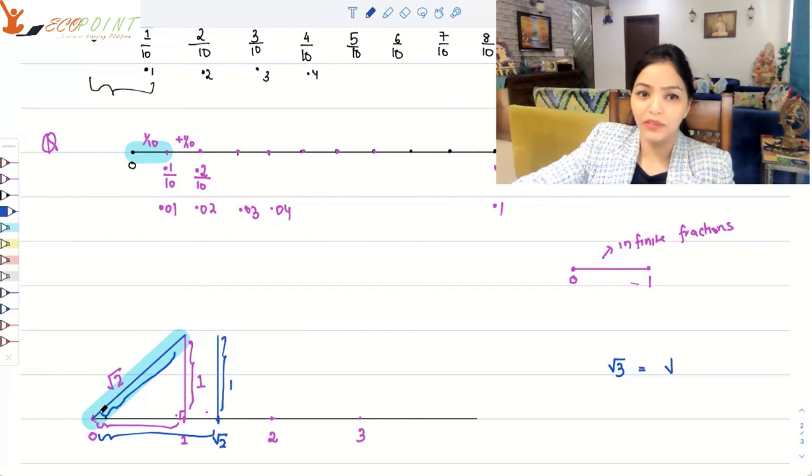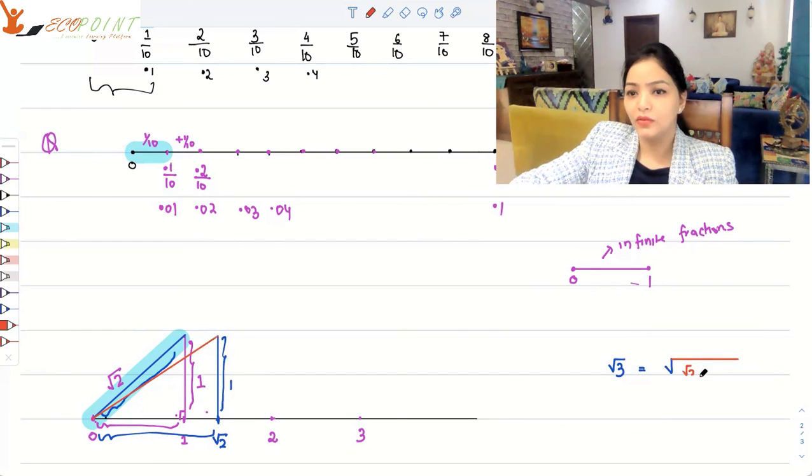It doesn't need to be an isosceles triangle every time. For 1 it was, but it's a right angle triangle for which I can find out the hypotenuse. So I can clearly see that it's √2 square, which gives 2, plus 1 square. You will get 3 inside the square root, which means it is √3.